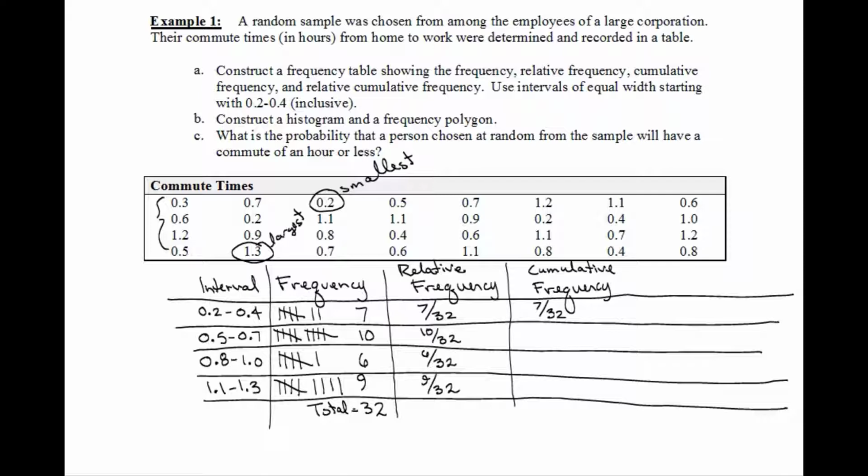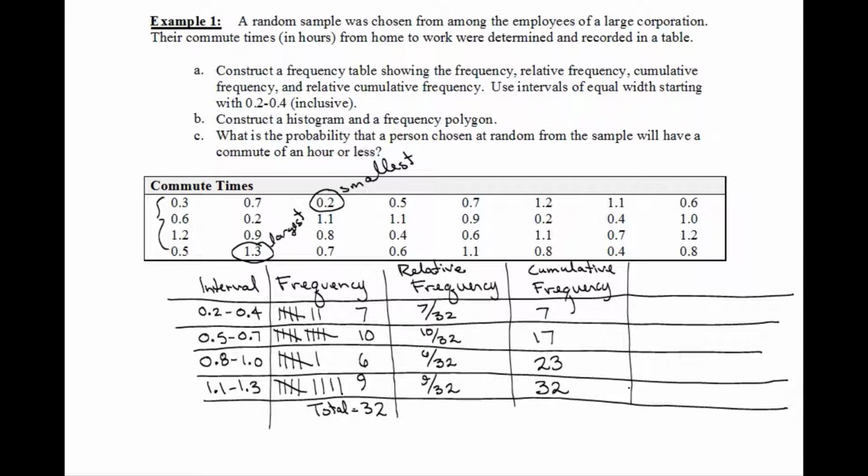Actually, what I started to write was cumulative relative frequency, which is not what I want. I just want cumulative frequency. So that's going to be 7. And then we're going to take the 7 and add the 10. So 17. Another 6 is 23. Add the 9 will be 32. And this should turn out to be the total amount that you had.